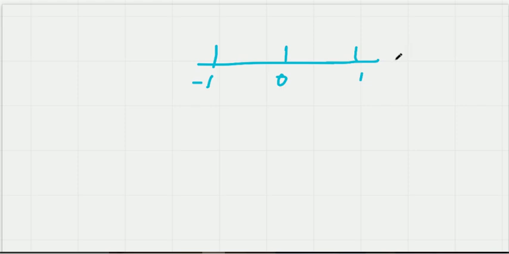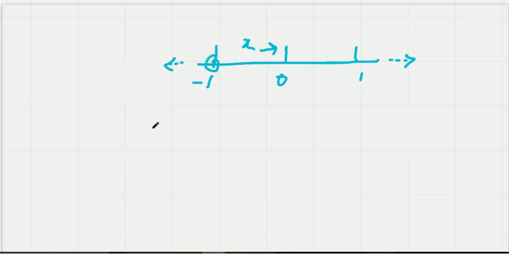It extends on both sides. Now x can tend to 0 from the left hand side. Now when x tends to 0 from the left hand side, x is in this region. So the greatest integer which is less than or equal to x is -1.